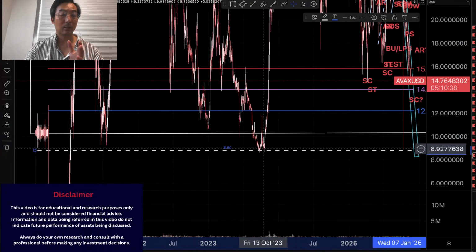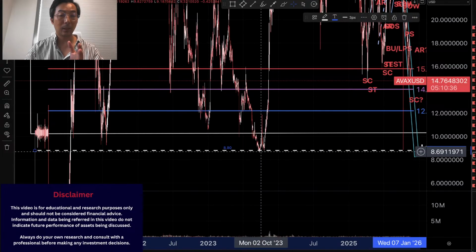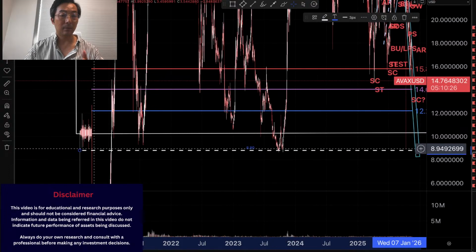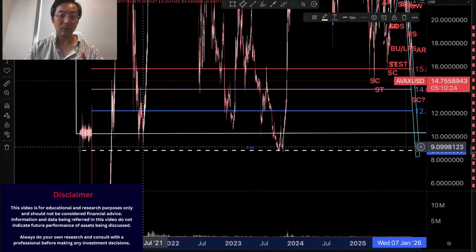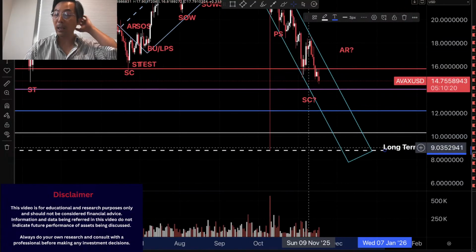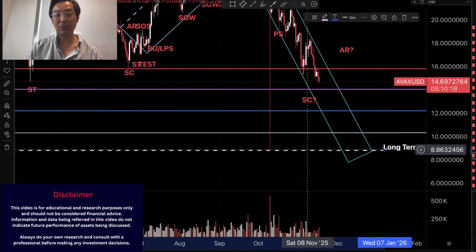That was almost the lowest, okay? It went a little bit deeper, but still around high $8. It went to that point during September 2023. And, you know, in 2021, 2020, it all found solid support from here.